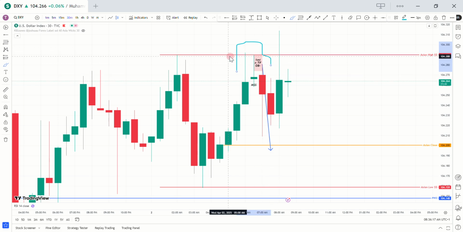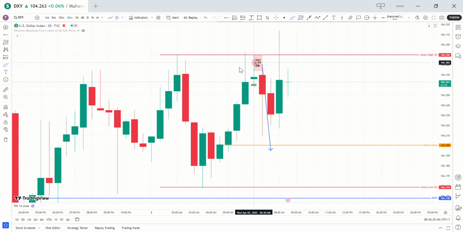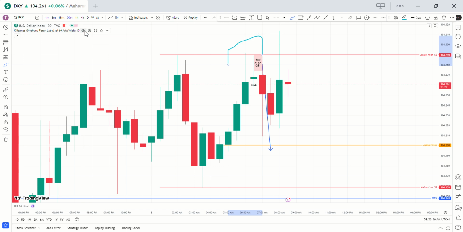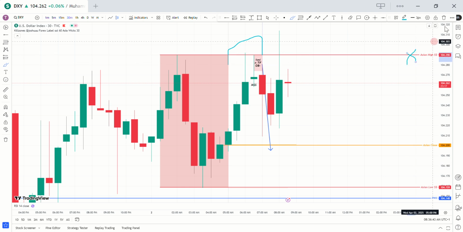As we all know, here in Nigeria, the time which London session normally opens is 7 o'clock, that is 7 a.m. in the morning. So as you can all see, before the London session had opened, price went directly to sweep the Asian high.